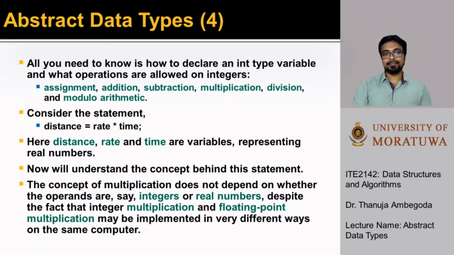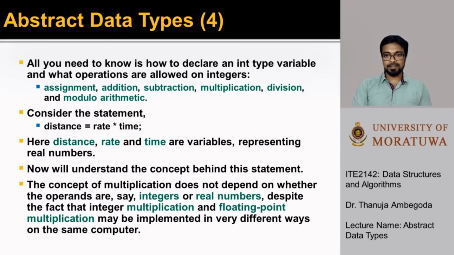So let's consider the statement where we write a small equation from physics lessons you might remember. Distance equals rate multiplied by time. Rate could be even velocity, right? Distance equals velocity into time. So here, distance, rate, and time are variables that represent real numbers.